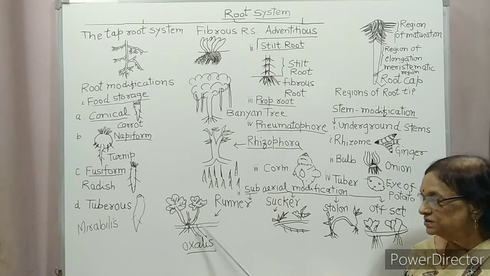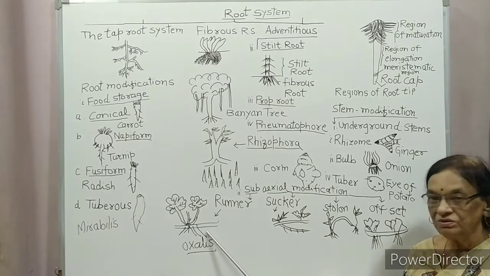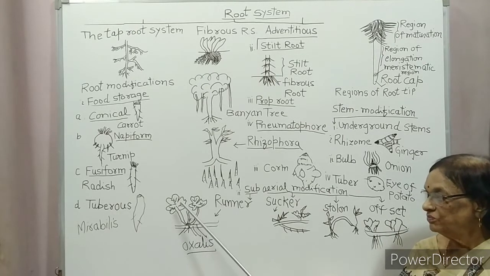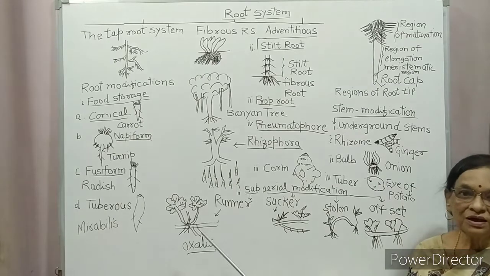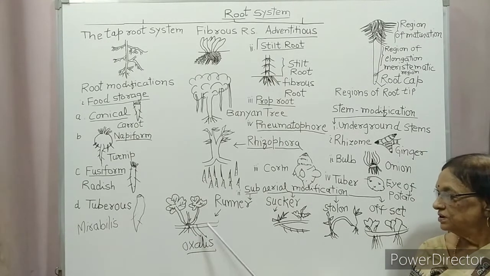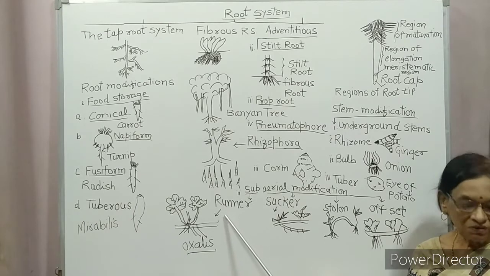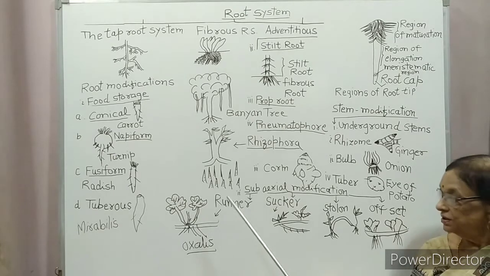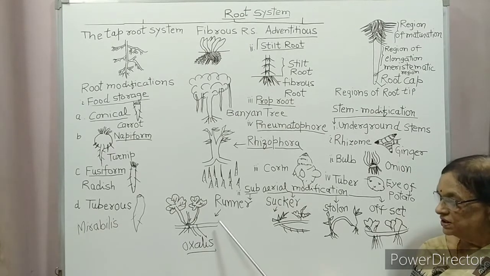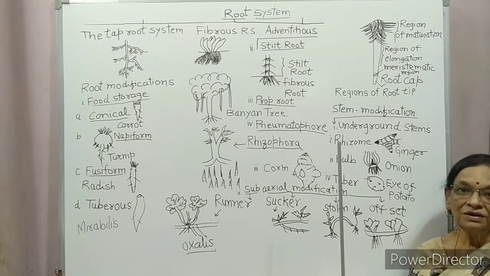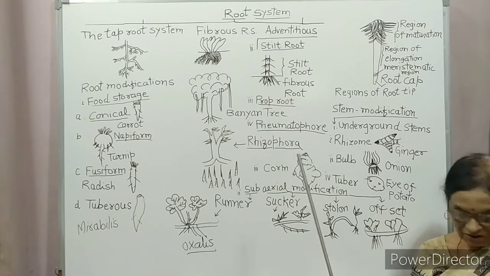If by chance it is broken into two parts, each part having node would develop leaves and adventitious root downward. So this structure is called runner. This runner is found in oxalis and in mint and grasses.